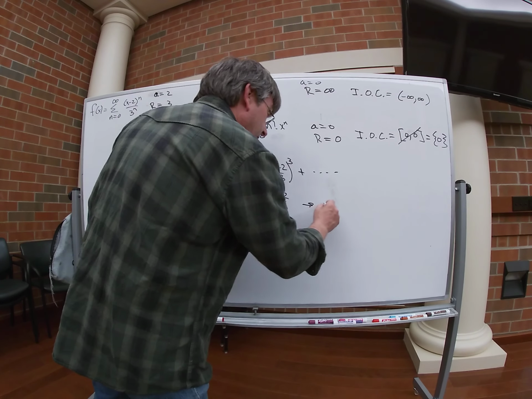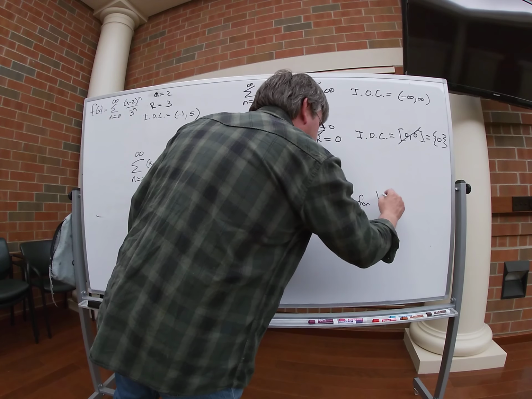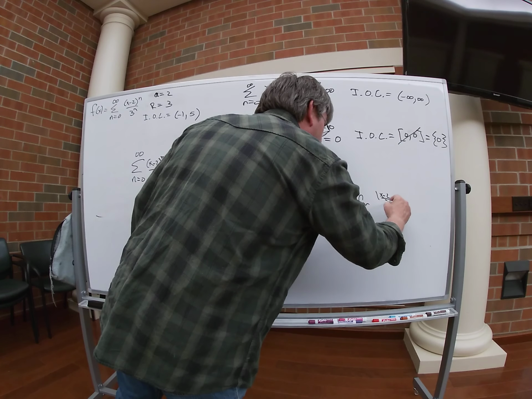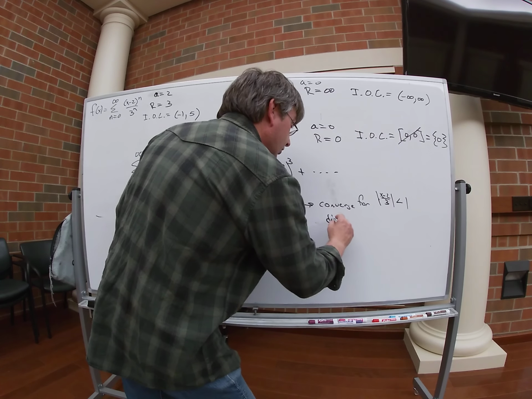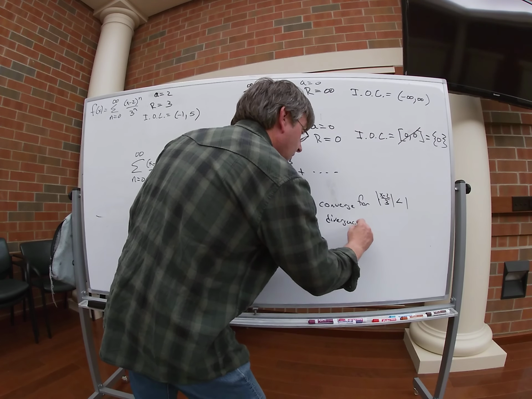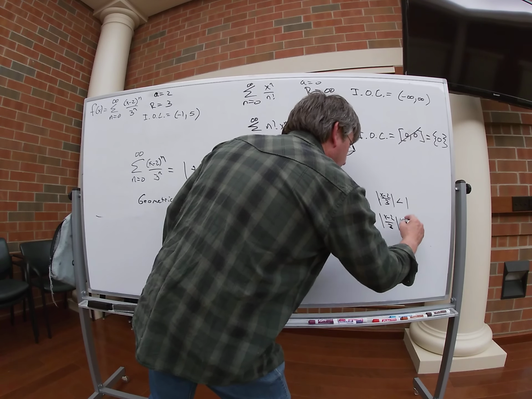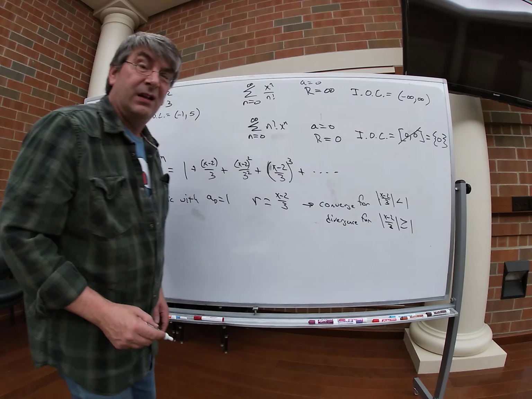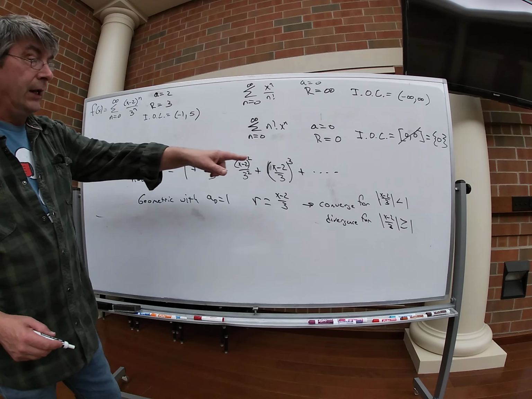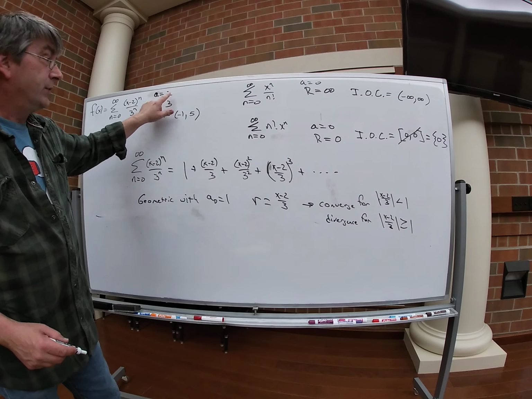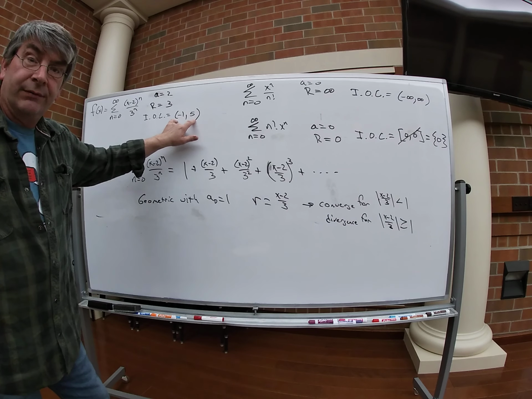So right there we get convergence for absolute value of (x minus 2) over 3 less than 1, and we get divergence for absolute value of (x minus 2) over 3 greater than or equal to 1. Okay. Which gives me, multiply through by the 3, I get my center at 2, my radius at 3. I automatically get divergence at the endpoints. I don't have to test again.